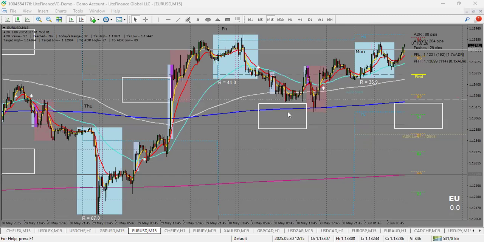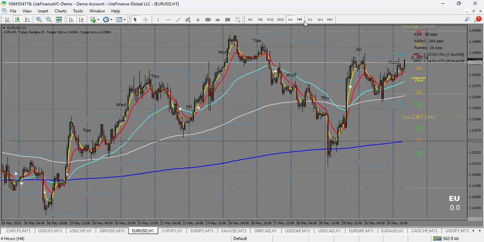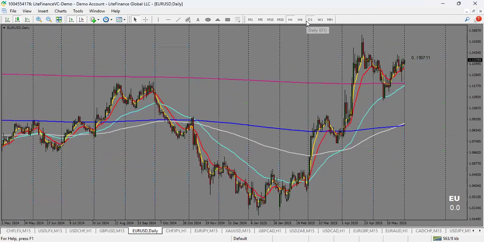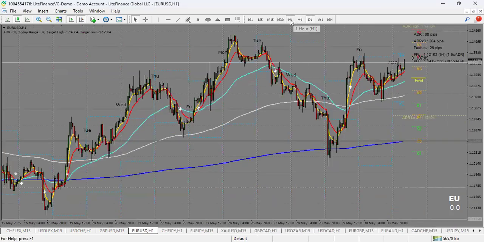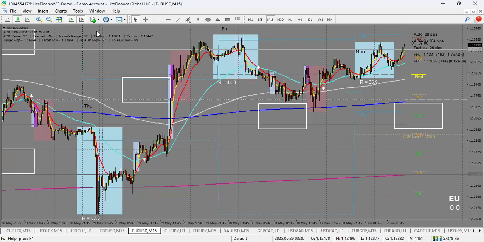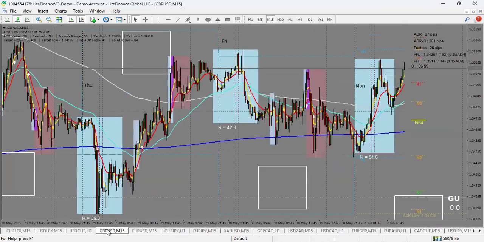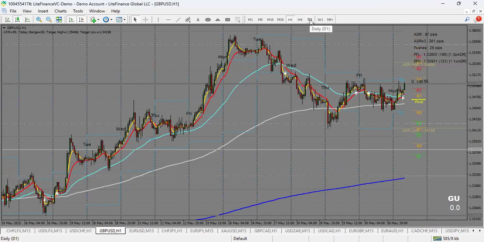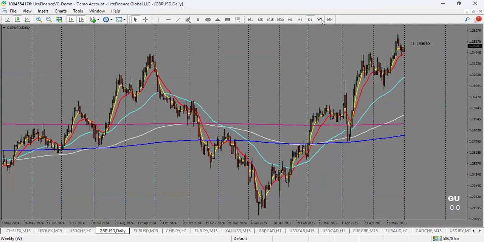In this week, we have several fundamentals coming up. The key fundamentals for this week are the interest rate for the Canadian dollar on Wednesday, the interest rate for the euro on Thursday, and the NFP on Friday.